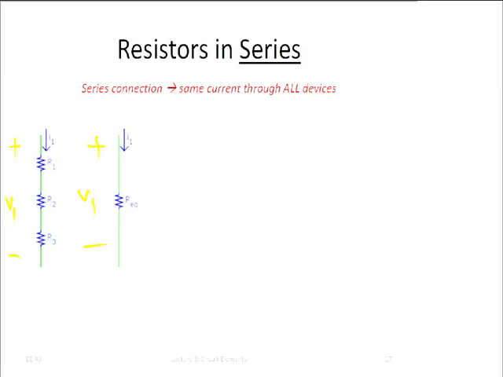All right, so let's figure out what the voltage is in the left case. Well, V1 is equal to R1 times I1 plus R2 times I2 plus R3 times I3. I'm just using Ohm's law, and if you forgot it, it was two slides back. I can, of course, write this as R1 plus R2 plus R3 times I1.